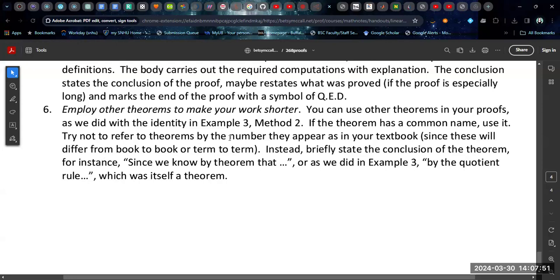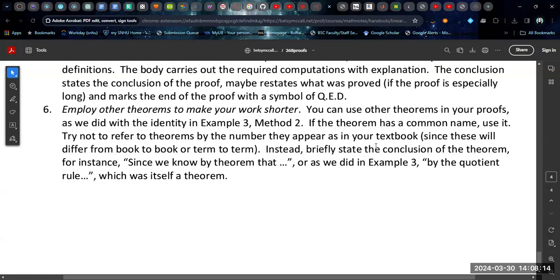Try not to refer to theorems by the numbers as they appear in your textbook, since these will differ from book to book or term to term, and they might make it harder for people to follow. Instead, briefly state the conclusion of the theorem, such as, we know by theorem that, blah, blah, blah, or by the quotient rule, which is itself a theorem. You can invoke the name of theorems.